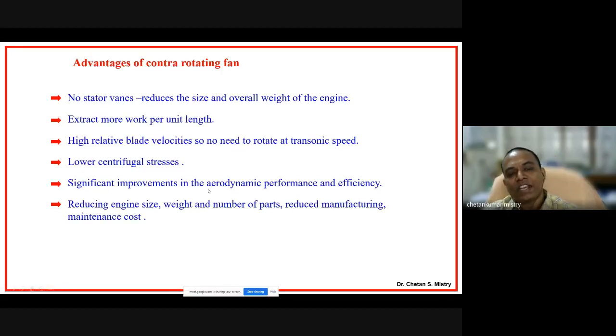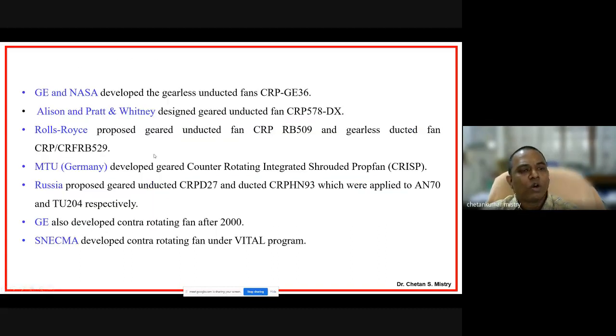There is a significant improvement in aerodynamic performance as well as efficiency. And we are reducing the size, weight and number of components, which reduces the manufacturing and maintenance cost. Now, these are all the recent ongoing activities on the contra-rotating concept.